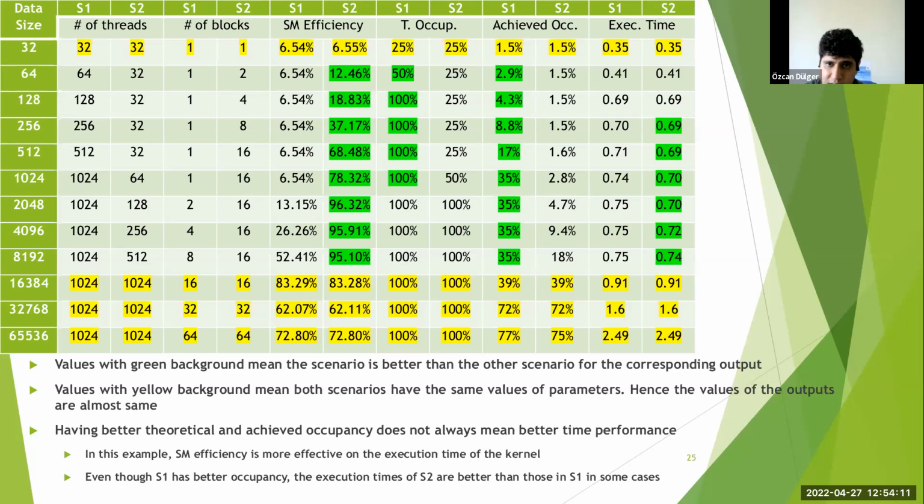Having better achieved or theoretical occupancy does not always mean better execution time. Here, in this example, SM efficiency is more effective on the execution time of the kernels. So even though S1 has better occupancy, the execution times of S2 are better than S1 in some cases, as you see.